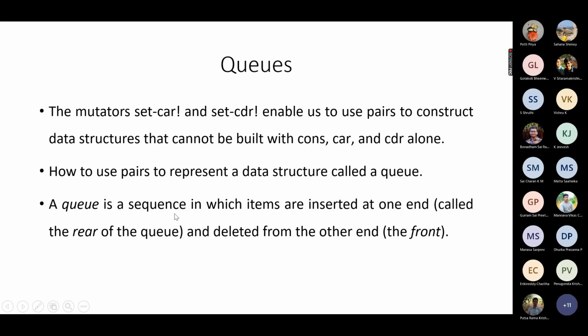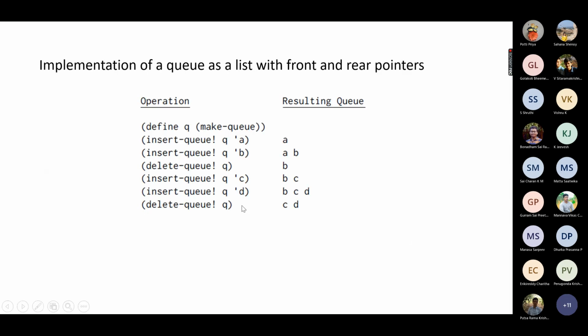We also know the queue is a sequence in which items are inserted at one end, called the rear end, and deletion happens at the front end. Whenever you are defining anything, you must have a variable for that, right? So let us take the statement define queue, that is make queue.